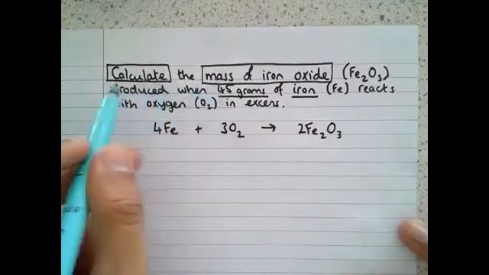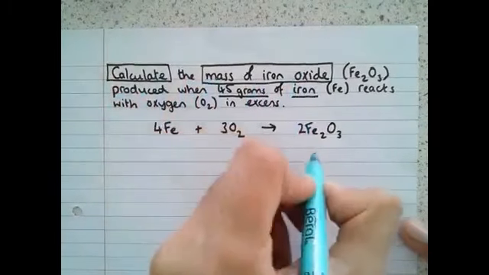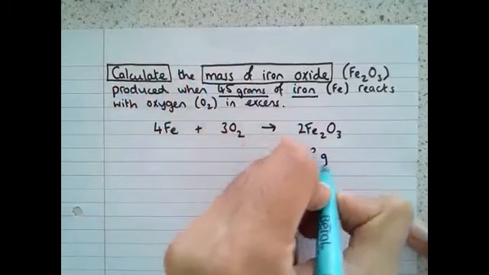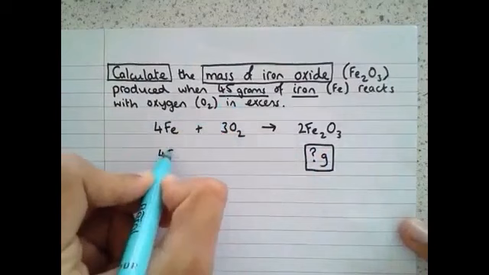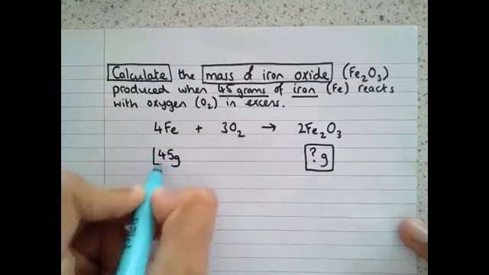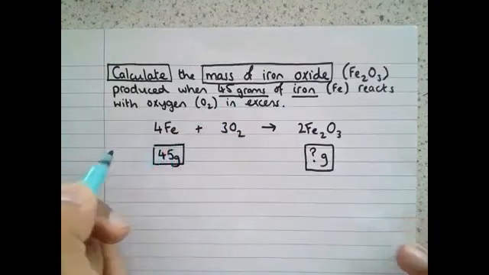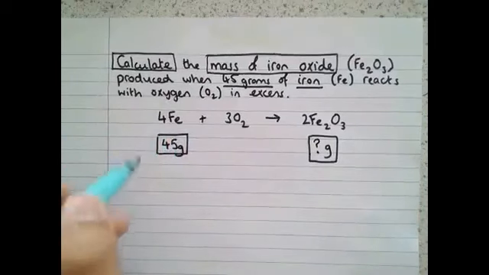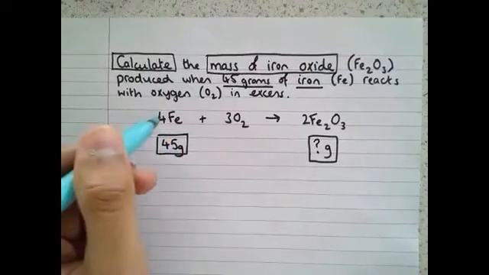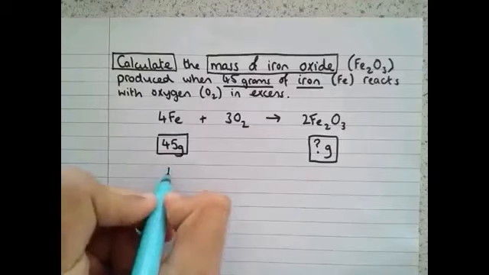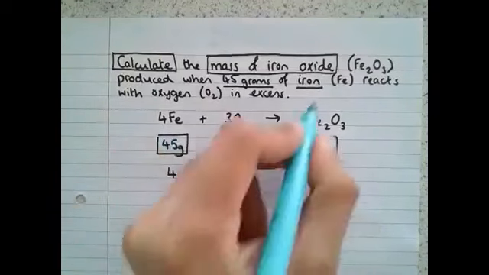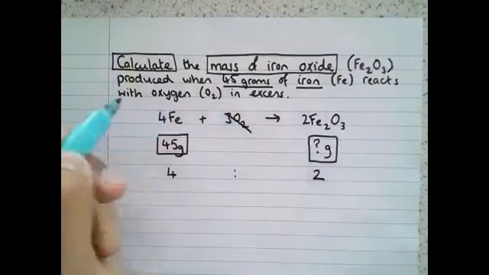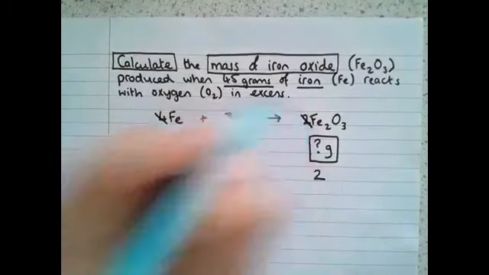So if you look at our equation, the mole ratio is going to be 4 to 2. You're having 4 moles of iron giving you 2 moles of iron oxide. So let us only consider those that are really required. So when we need the mass in grams of iron oxide, and you're given 45 grams of iron, those are very important key points in this calculation.